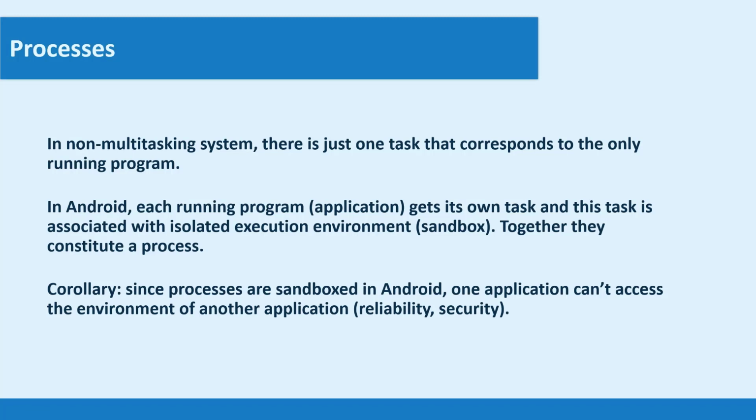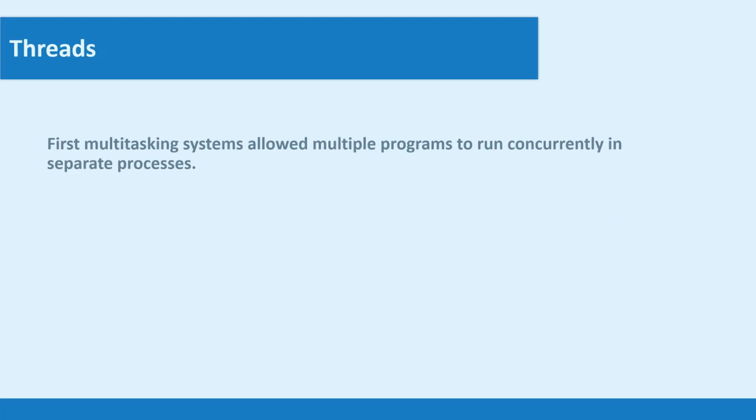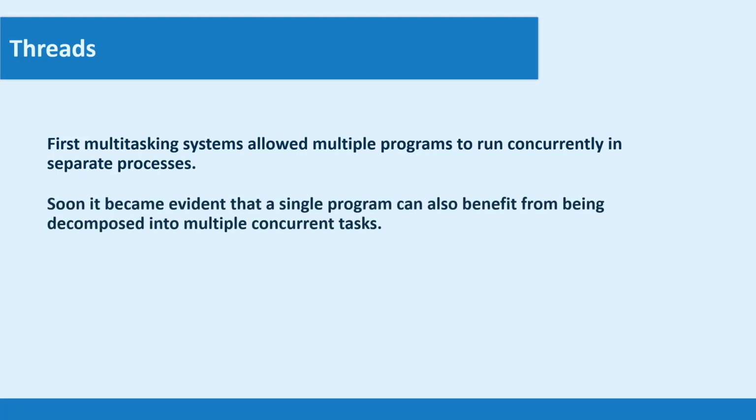Now let's jump to threads. The very first multitasking systems allowed multiple programs to run concurrently in separate processes. So you basically could launch multiple programs and see them execute concurrently. However, each program had just one single task to itself, which was associated with the program's process. But very soon it became evident that even a single program can also benefit from being decomposed into multiple concurrent tasks.